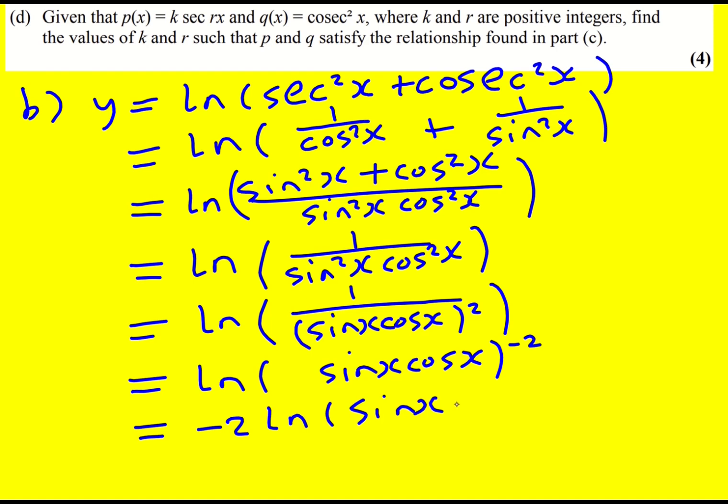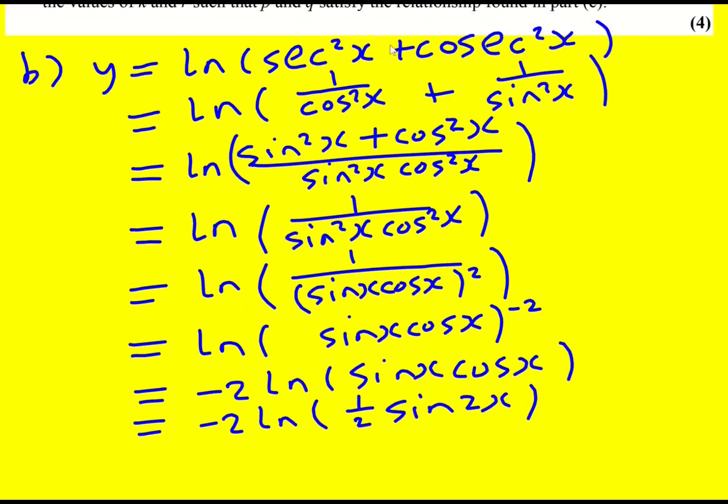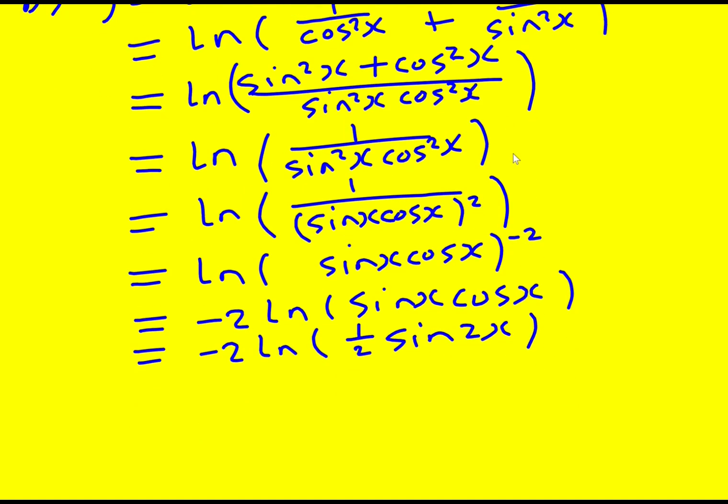We haven't even started differentiating yet, but you can see it's getting a little bit simpler. And now if you can recognize the double angle formula, sine 2x is 2 sine x cos x, so this is going to be a half sine 2x. This is fantastic. It's such a simpler function than, seemingly, what we had at the start. I mean, they're identical, but that is going to be much tougher to deal with.